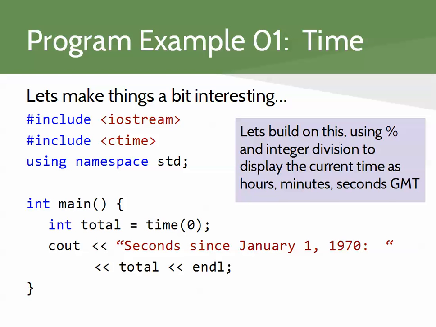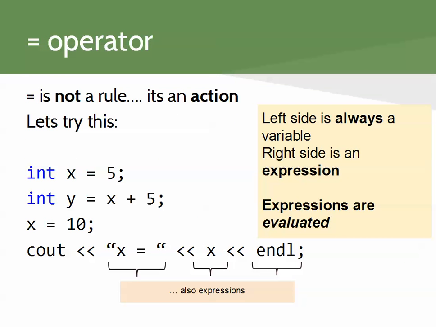All right, so let's go back to the slides. I want to point out something very important, one of the most common problems I see among students who are just learning C++ and just learning how to program: confusion about the equal sign. In an algebra setting, we are used to writing down an equation like a rule.